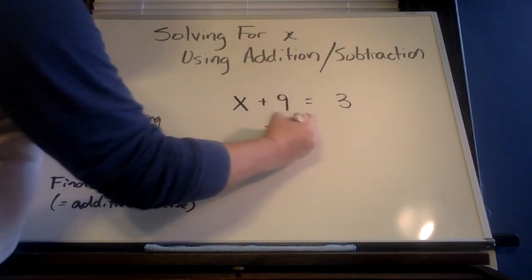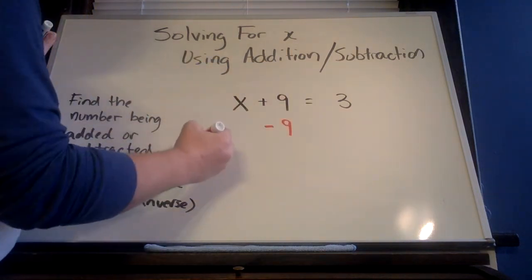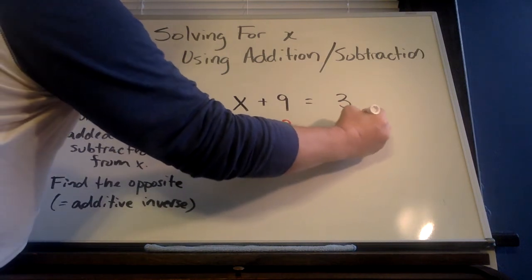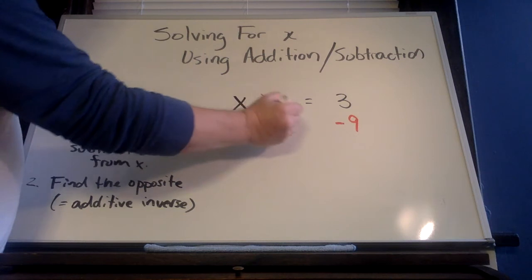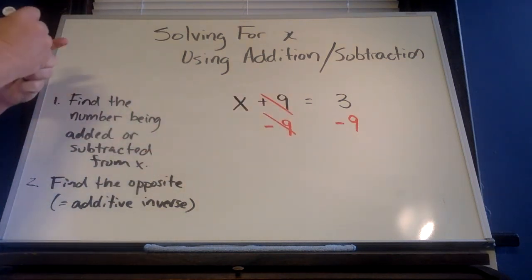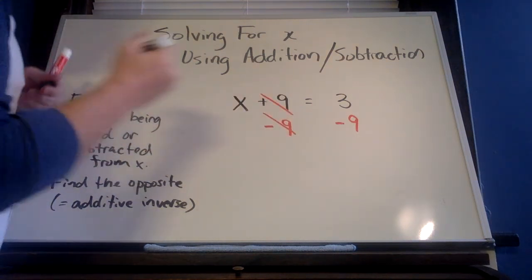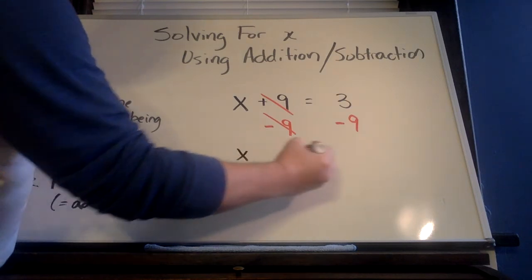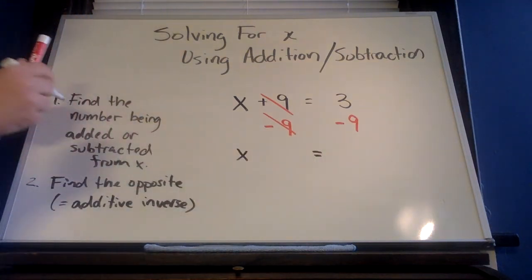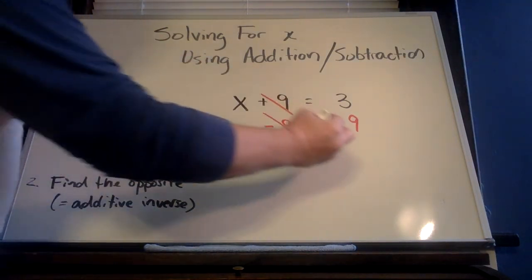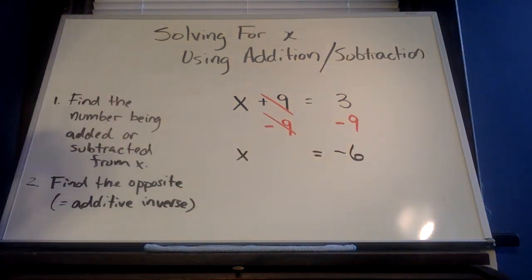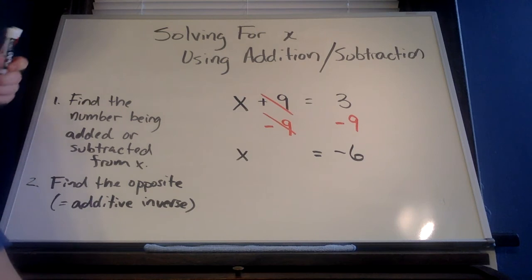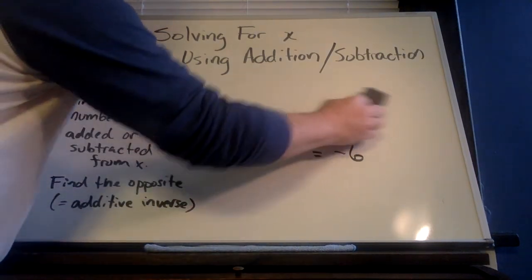So therefore the opposite is minus 9. Whatever I do to one side, I have to do to the other. Plus 9 and minus 9 are going to cancel each other out, leaving me x by itself. And then 3 minus 9 gives me a negative 6. So don't forget how to add and subtract integers.